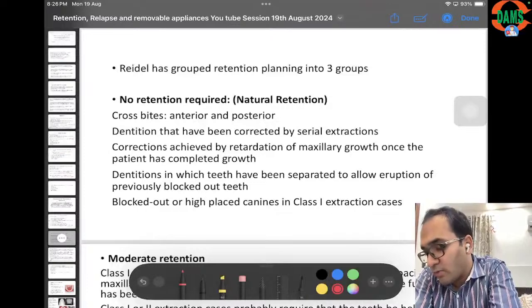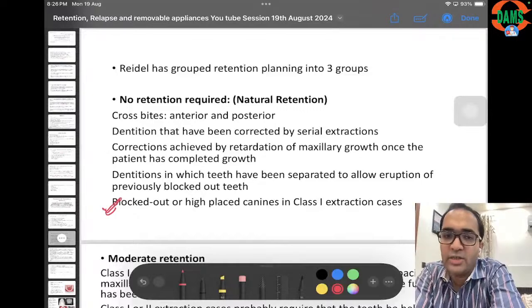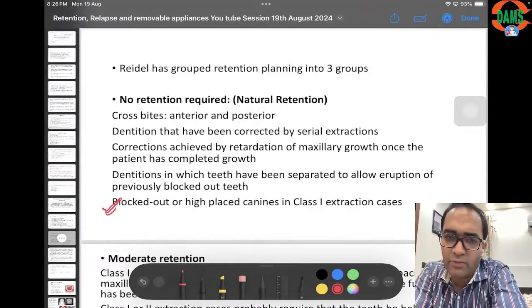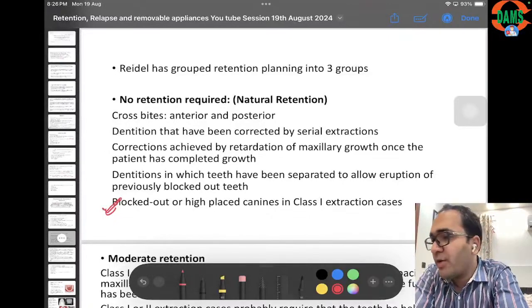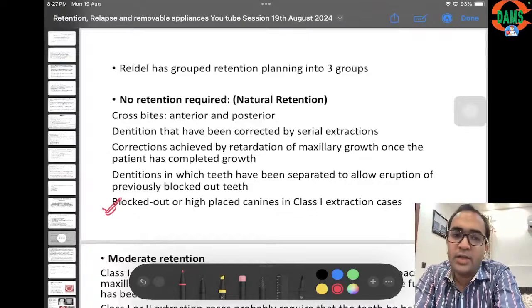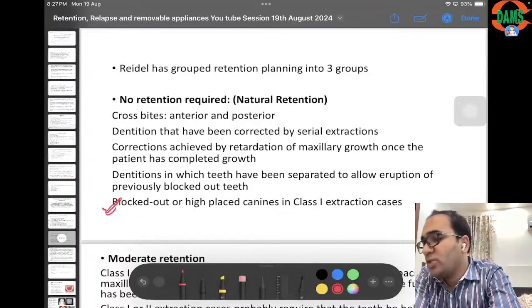This was part of a recent NEET exam in which they gave you an image of a buccally erupted canine, and the question was about this topic only: what kind of retention planning would you do for such cases. Here I mentioned the theoretical point, and they asked you in the form of an image based question.